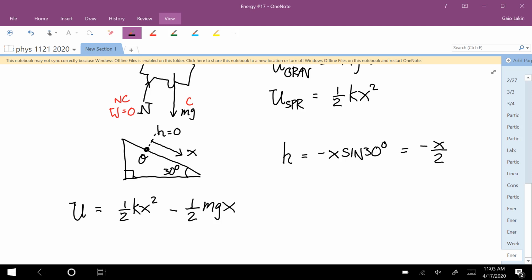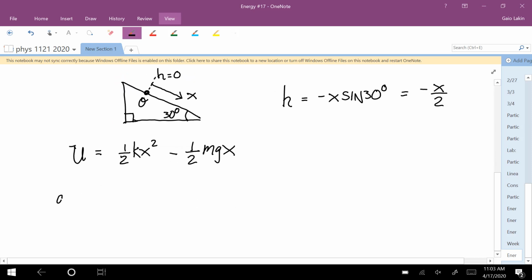For part A, we want to find where the thing has no acceleration. It's hanging at rest. And no acceleration means no force. So let's think of the x component of the force being equal to 0.